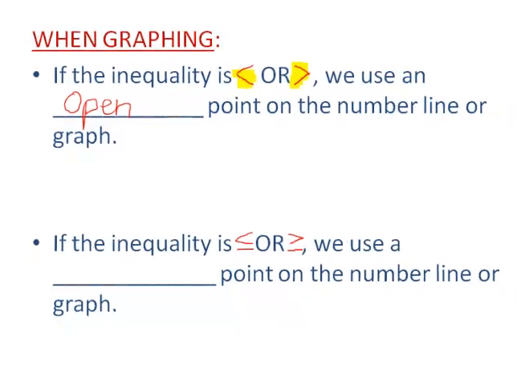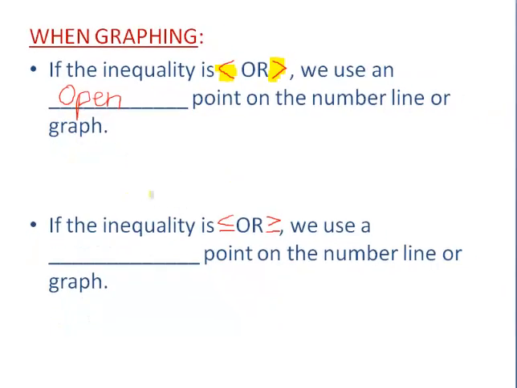If the inequality is a less than or equal to, or a greater than or equal to, then that means that the number is included, so you're going to use a closed point on the number line or the graph.